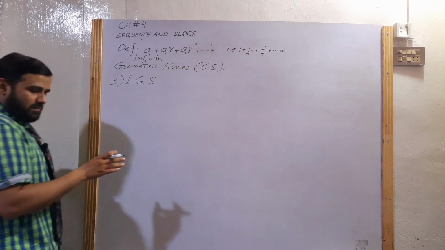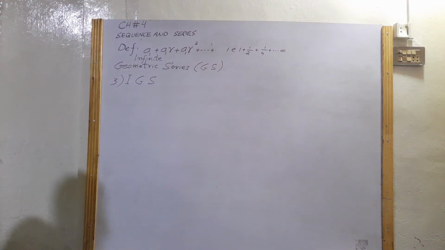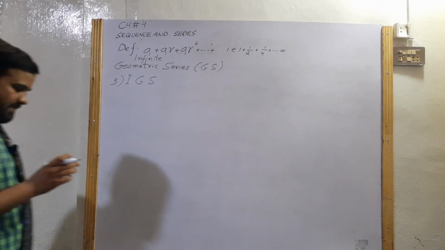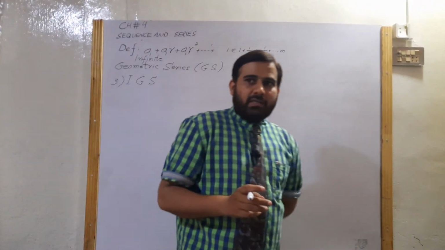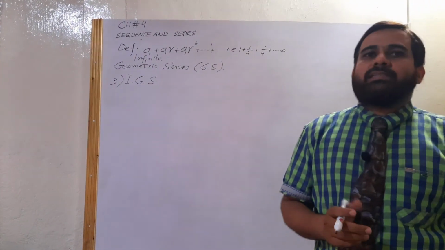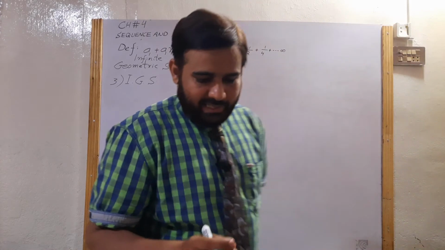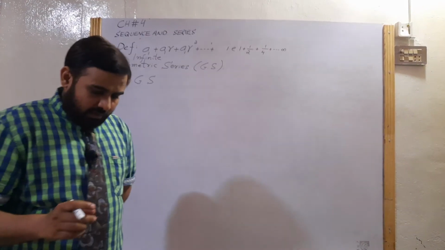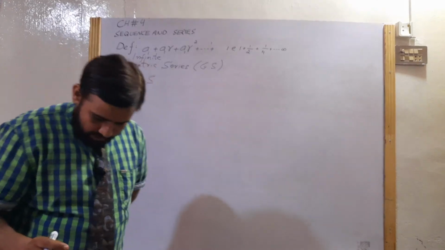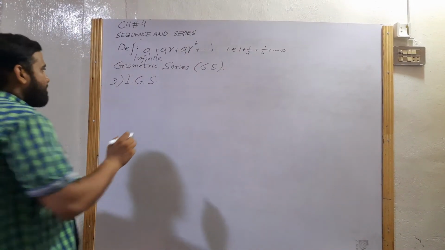It may be possible or not. If the given series is convergent, then we can easily find the sum. If the series is not convergent, it means that it is divergent, then we can't find the sum of the infinite geometric series.